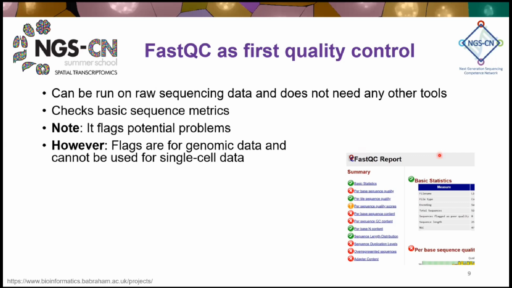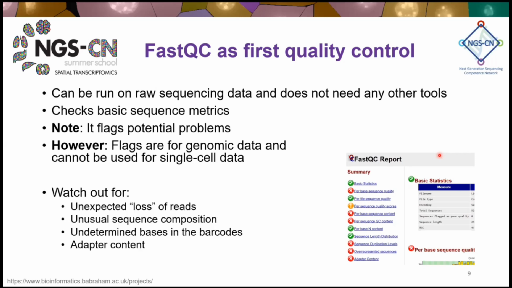The problem is the thresholds for deciding what is good and what is bad are for genomic data. So when you run FastQC on a whole genome sequencing library, these flags are good. You can use them. However, when you have single-cell RNA-seq or RNA-seq data in general, you cannot use them because it's different.